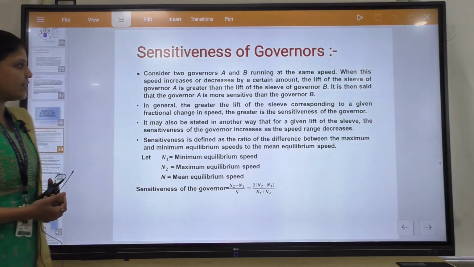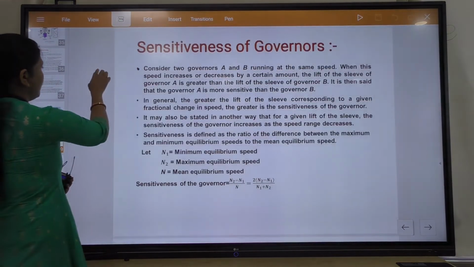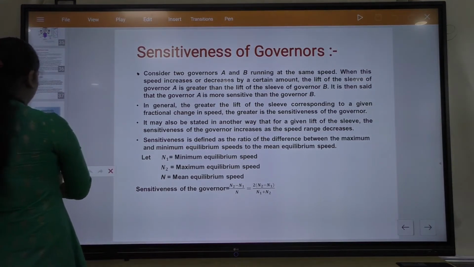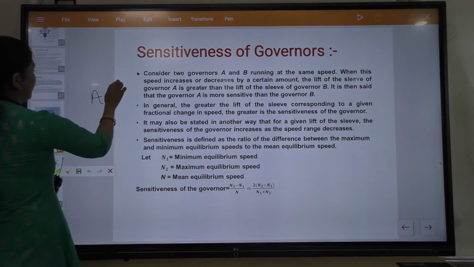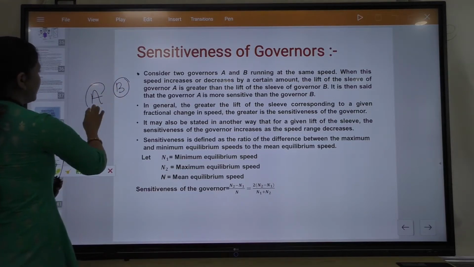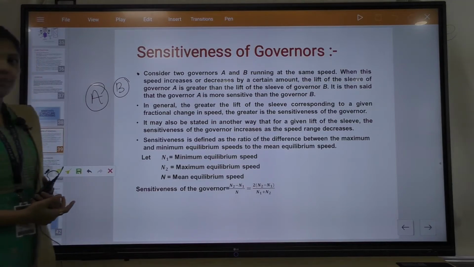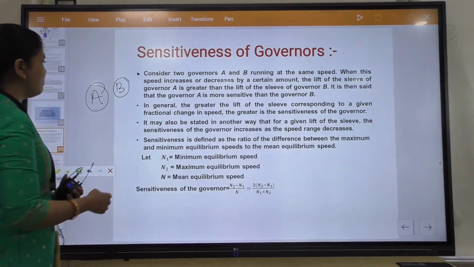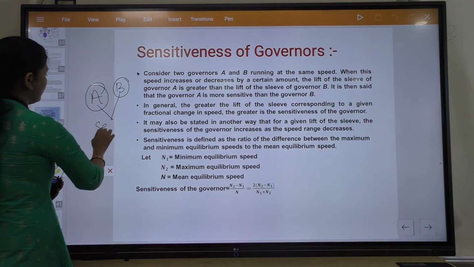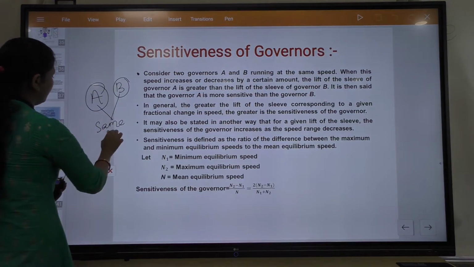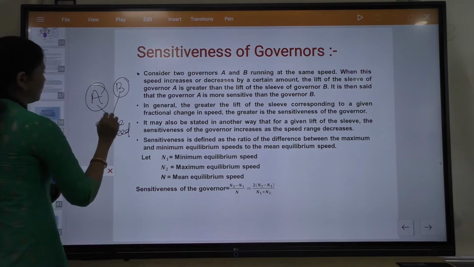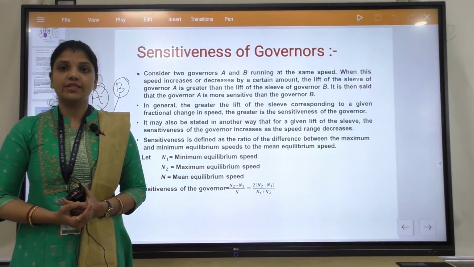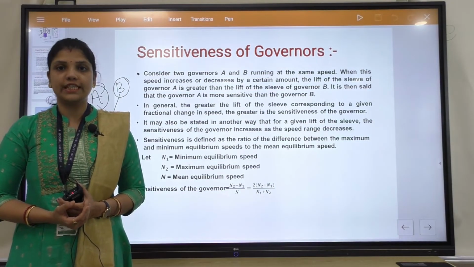For that, let us consider two governors, that is governor A and governor B. Suppose both governor A and B are running at the same speed. I told you that sensitivity of governor is the response of governor towards the change in speed.